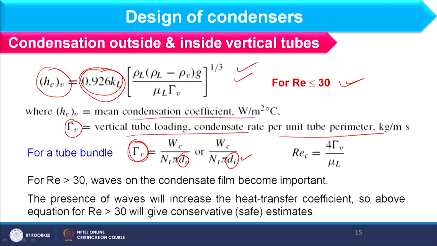Based on that you consider different tube loading, however, you can use the same expression, only the tube loading differs, okay. And once I have that tube loading, I can find out Reynolds number based on this expression. So, we can use the same expression for a vertical condenser, whether condensation is occurring in the tube side or in the shell side, right.